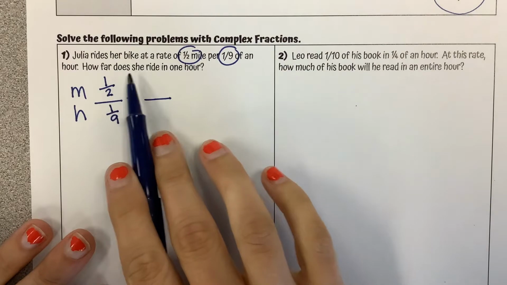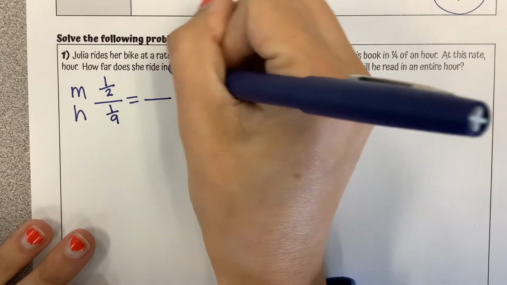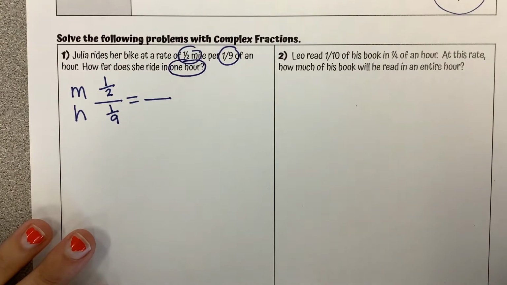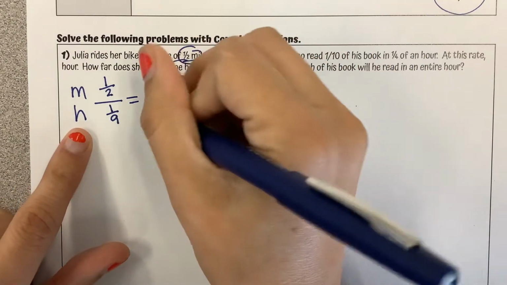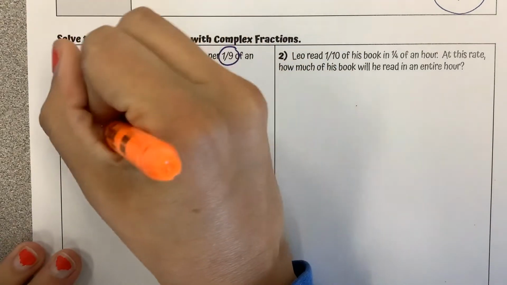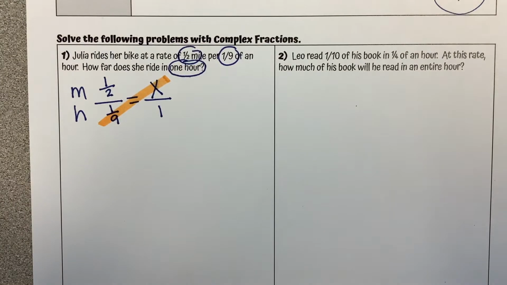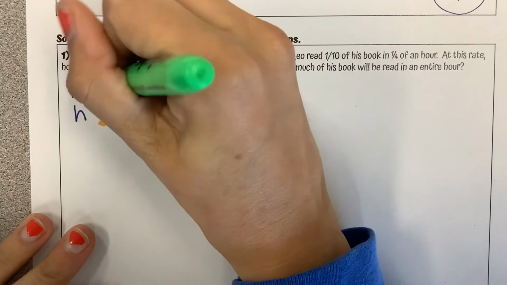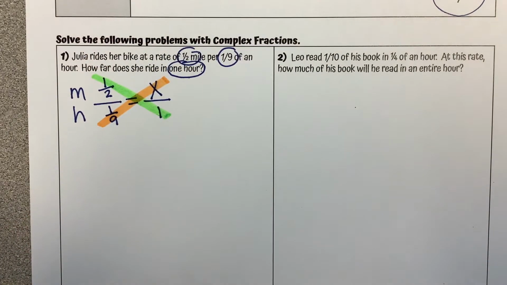We want to know how far does she ride in 1 hour. So our hours are 1. We are solving for the miles. Now we've got our proportion that we need to solve. Okay.